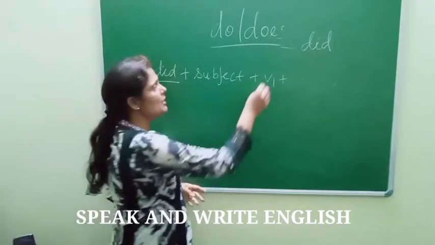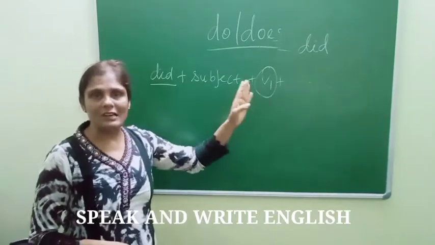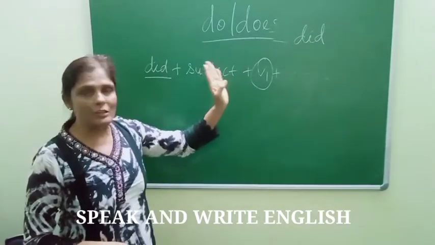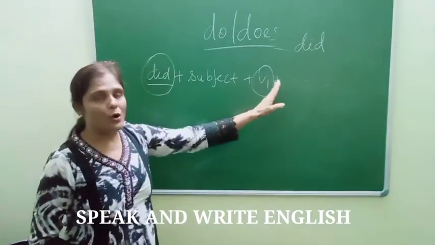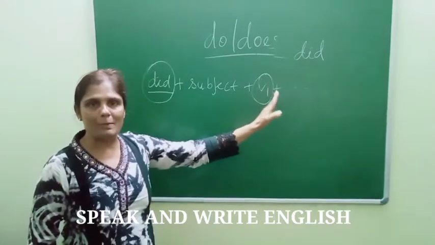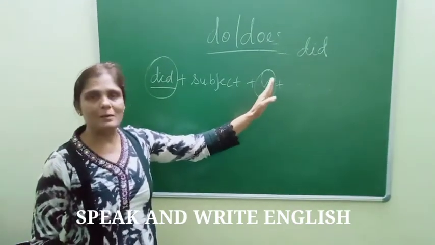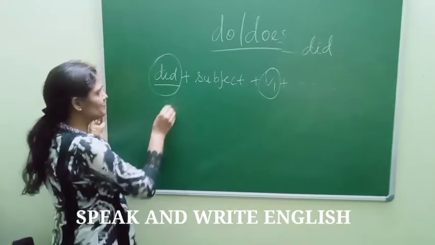And remember, even though it is there in the past tense, where most of us tend to make a mistake, even though did shows that it is in the past tense, don't convert the verb also to the past tense. Let the verb be there in the present, that is the base form. Let us understand.